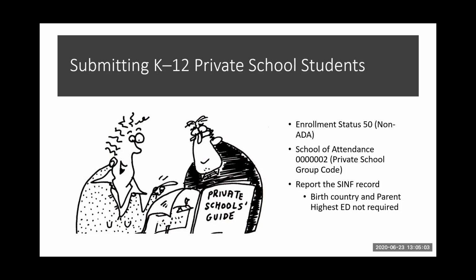The student also would have a student information record. However, the birth country and the parent ed, which is normally required, is not required. That's how a student would be enrolled. And of course, you would submit the student's service plan, which in this case would be an ISP, and the associated information.